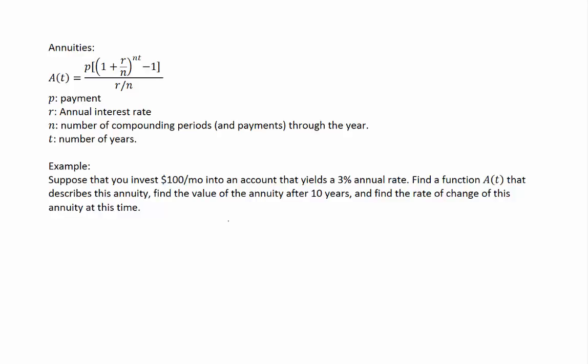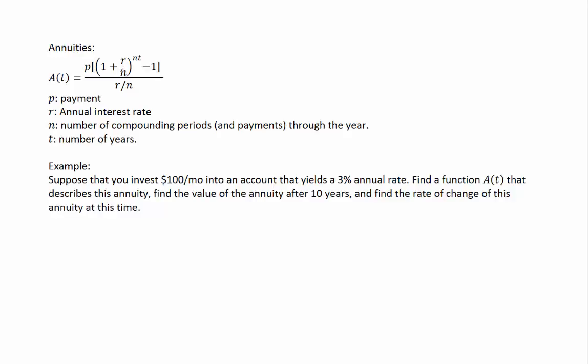The one assumption we're making is that you do have a fixed interest rate or annual return, which in the case of investments is not always the case. But if you have an account that gives you that kind of situation, then you can calculate the amount that you're going to have in that annuity given a number of years t, and it is given by this expression where p is the payment you're making, n is the number of times you pay for that annuity and the number of times it is compounded.